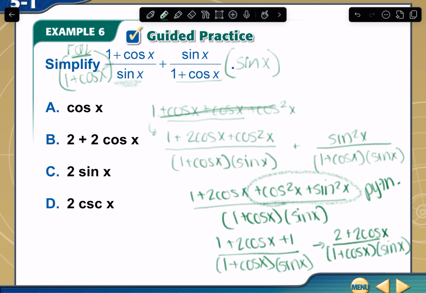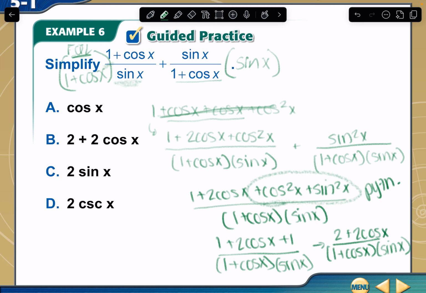Okay, so combining like terms. From here, and you couldn't really do this without combining like terms first. I know it seems like we just added something and now we're going to factor it, but I had the 2 in front of the cosine already, so it wouldn't have worked if I didn't actually combine my like terms.